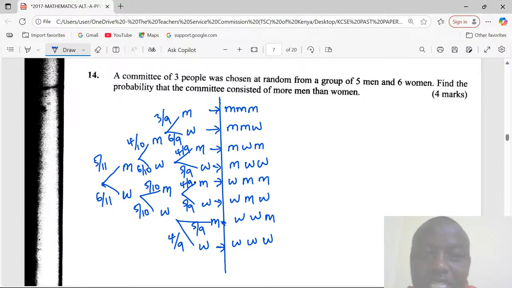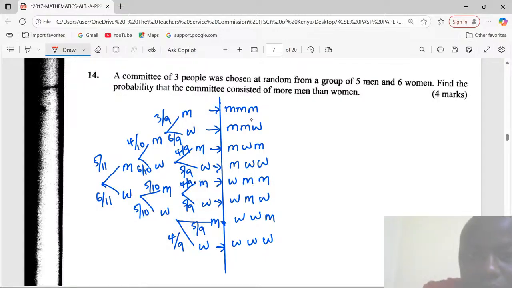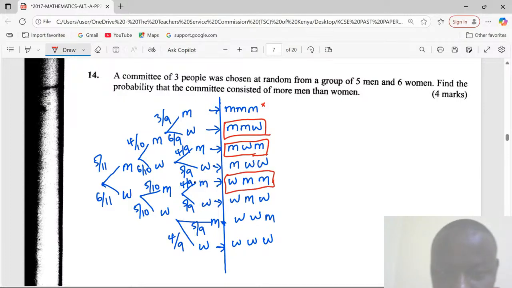Find the probability that the committee consisted of more men than women. So where do we have more men than women in this case? No woman here, so we talk about more men than women. That is the first case. Another case, more men than women. This is another case.